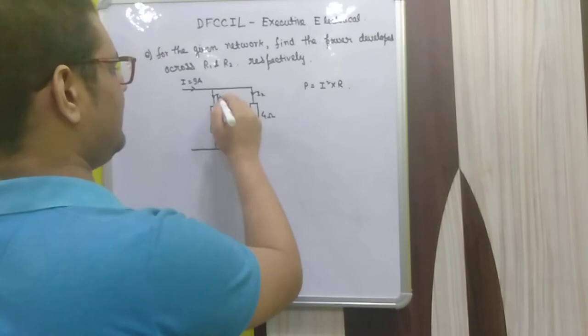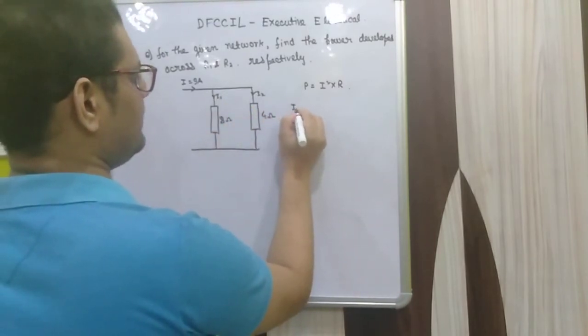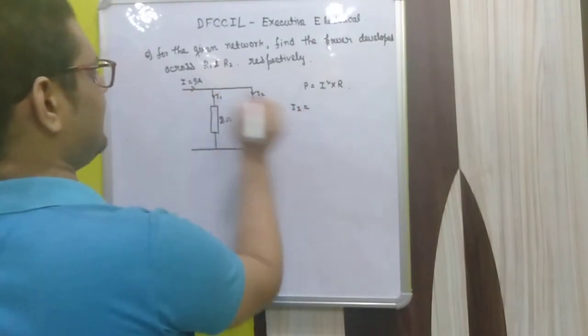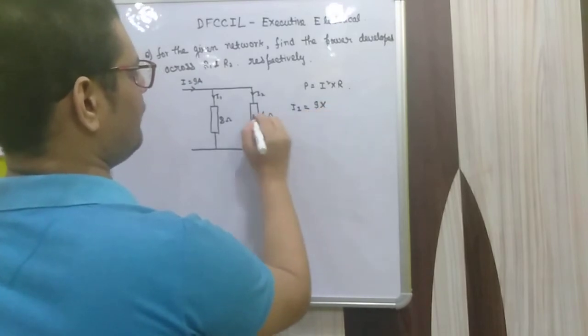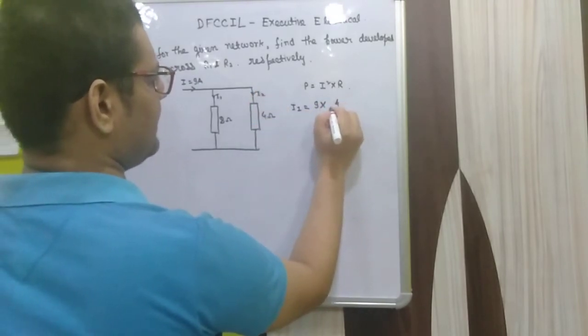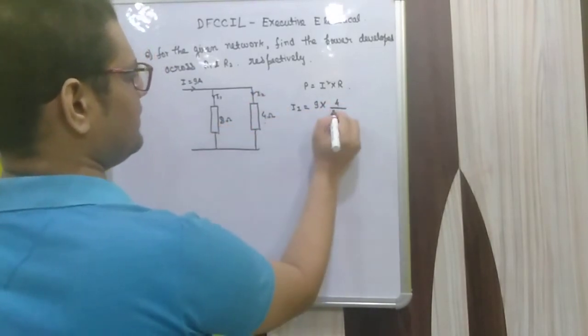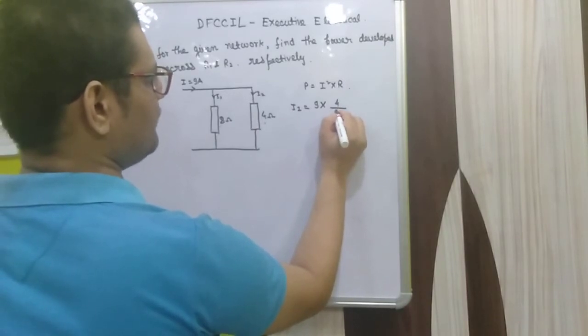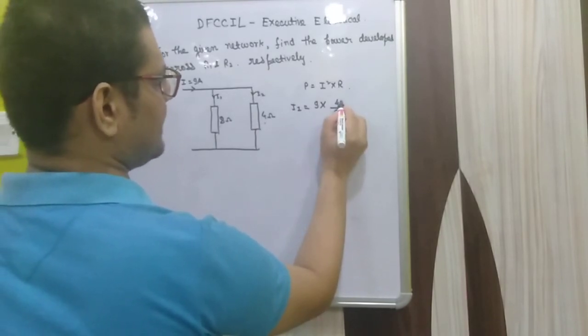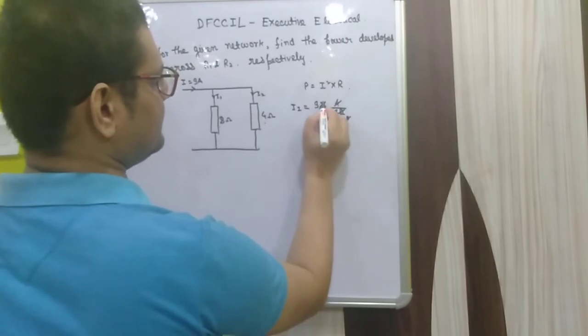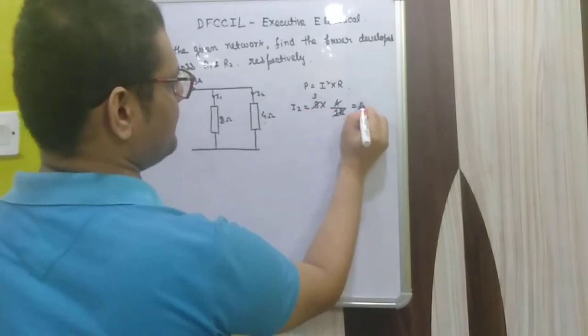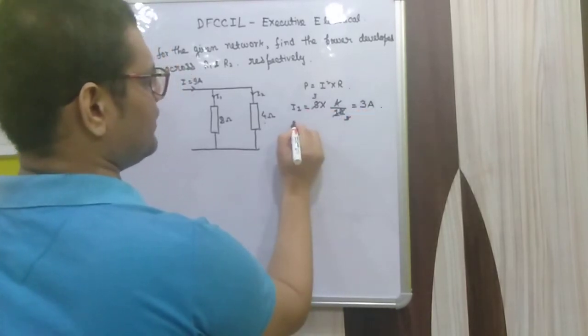Now how do we calculate I1? I1 will be this supply current 9 into 4 divided by 8 plus 4, which is 12. So we just calculate 3, and this will be 3 ampere. Similarly we calculate I2.